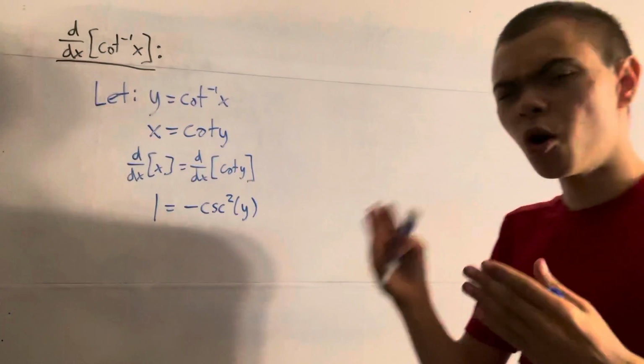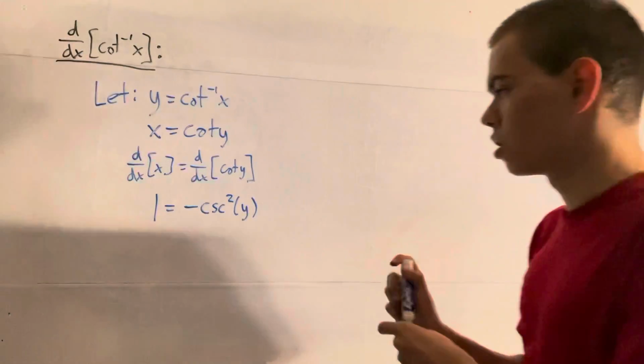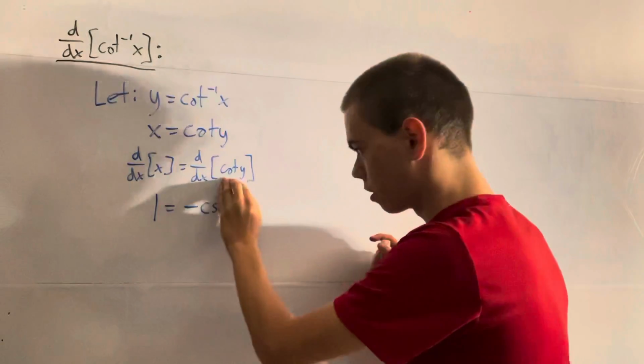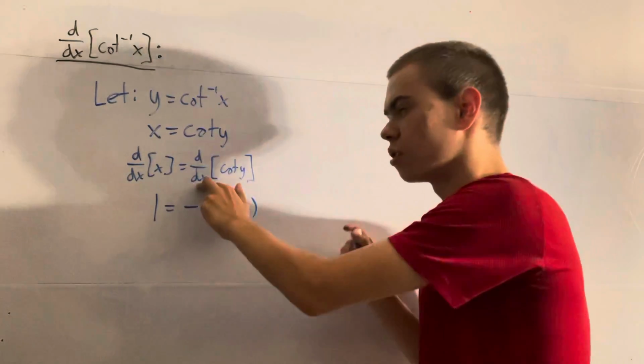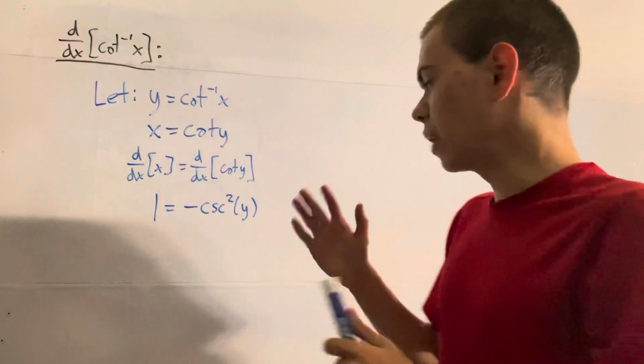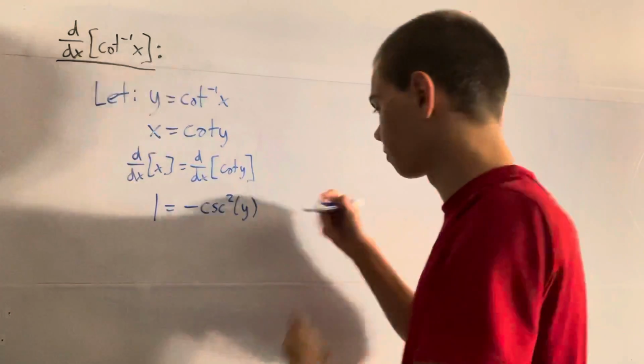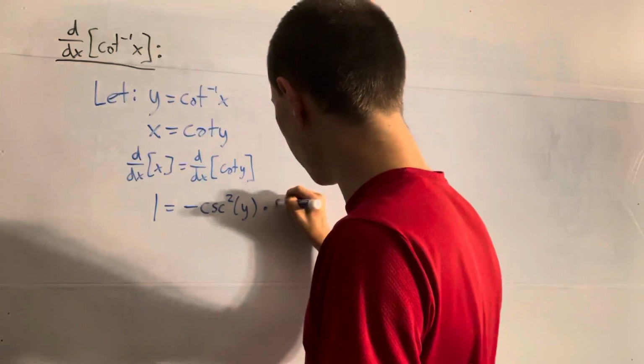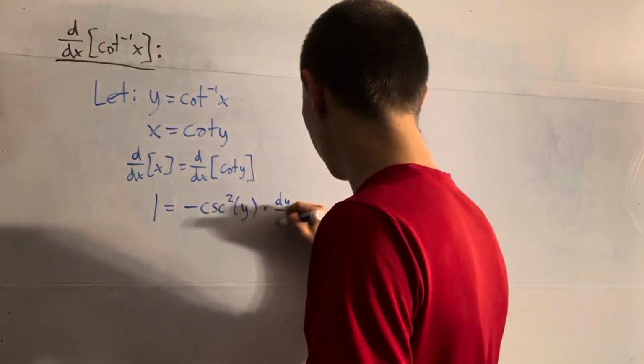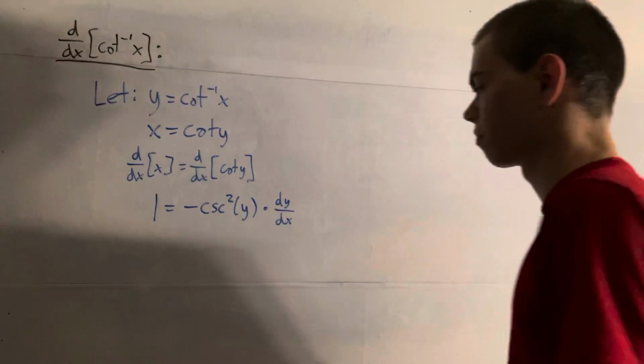However, that's not all we have to do, because we're taking the derivative of this with respect to x, which means we're using the chain rule. So we have to actually multiply by the derivative of y with respect to x.